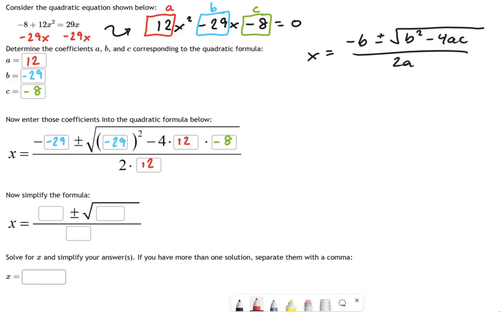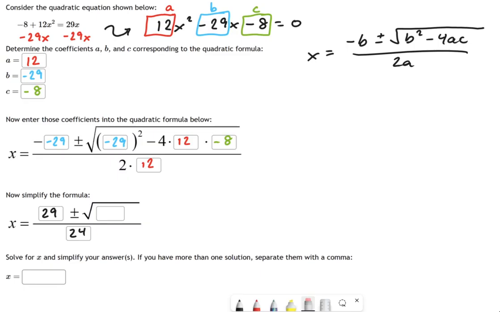Now we move on to the simplification step. And I know two of these things very simply, right? Negative 29 just makes positive 29. Okay, that's very quick. And on the bottom, 2 times 12, well, that's not too bad. That's just 24. Okay, so now we move on to the discriminant part, the part under the square root. And for this, I always recommend just pulling out a calculator and typing this in extremely carefully.